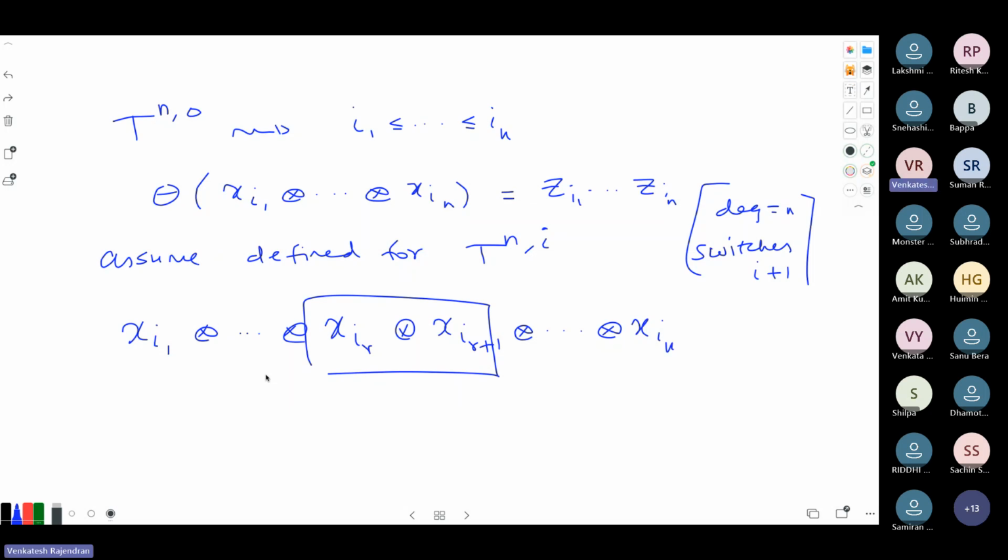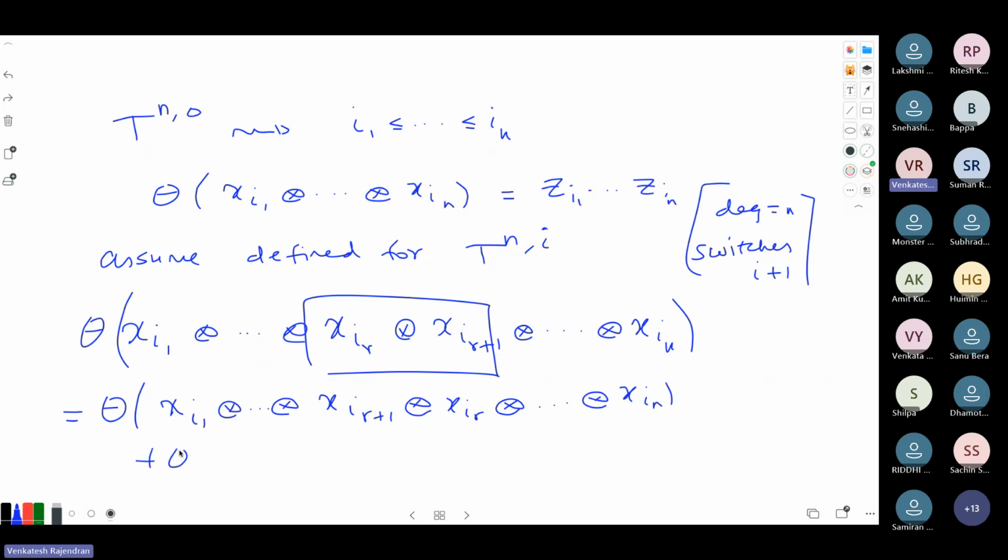The formula tells us that theta of this should be equal to theta of xi1 tensor etc. xir+1 tensor xir tensor etc. tensor xin, plus theta of xi1 tensor etc. the bracket of xir and xir+1 tensor etc. tensor xin. So note that this is in a way demanded in the definition of theta.